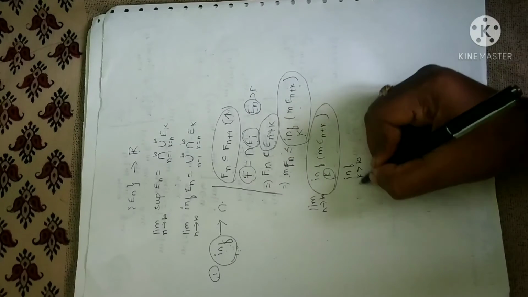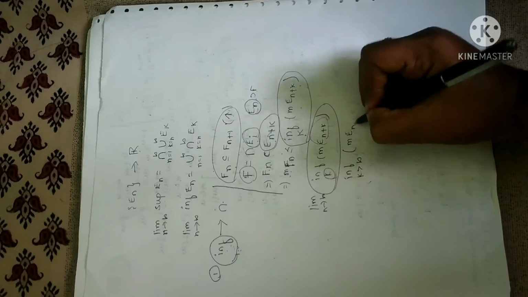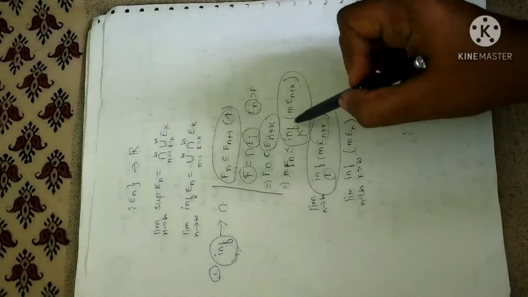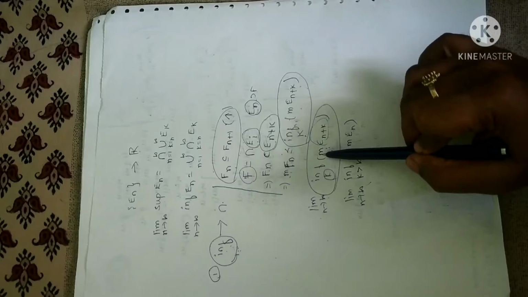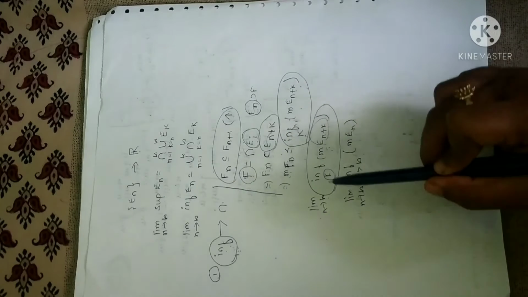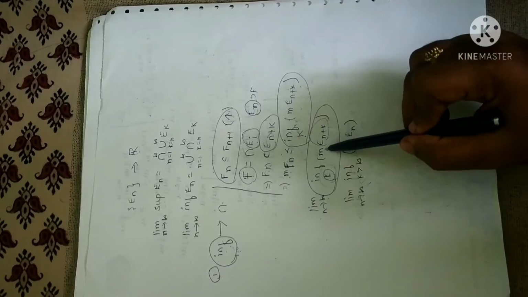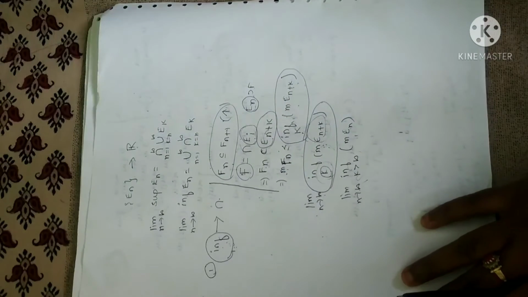For all k values, I can rewrite En plus k as En. I'm repeating once again. Suppose you are going to simplify any step like this, and I'm applying limit n tending to infinity to this particular step, then for all values of k, I can rewrite En plus k as En. This is the first key point.